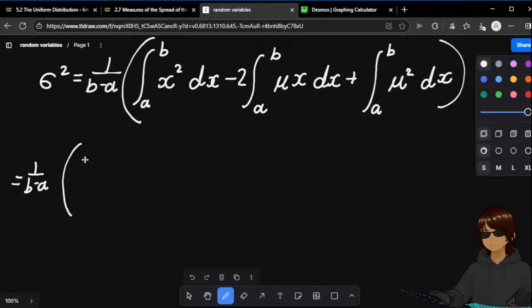So we have this, which is x to the power of 3. I can take mu out because it's a constant.